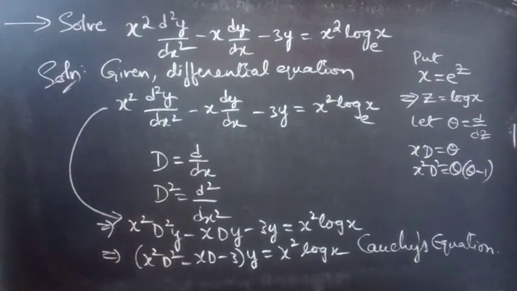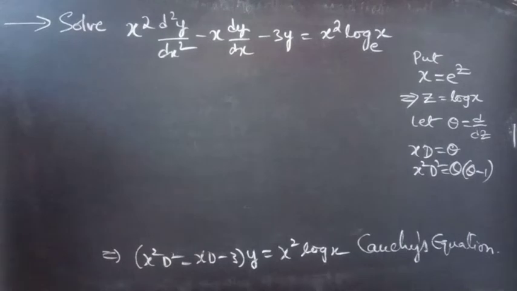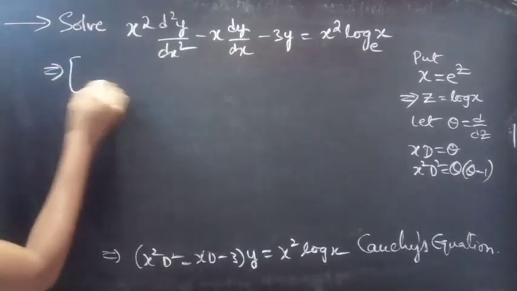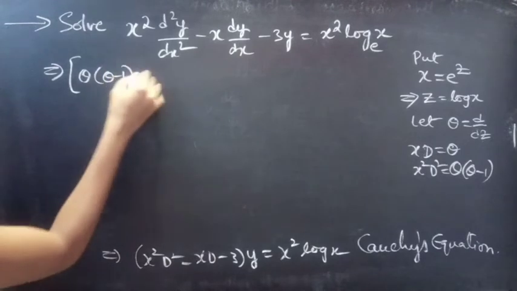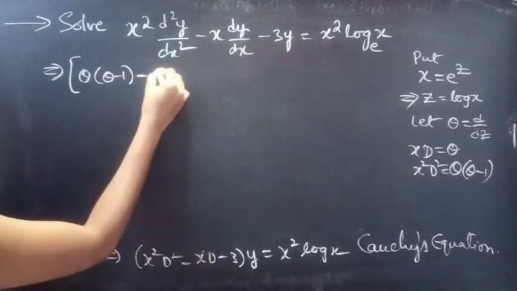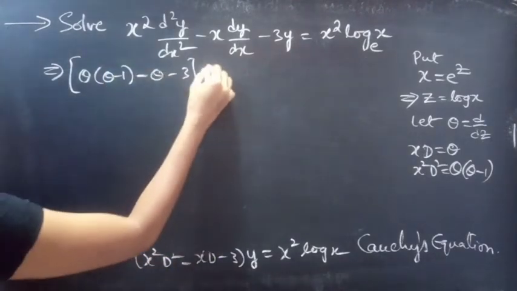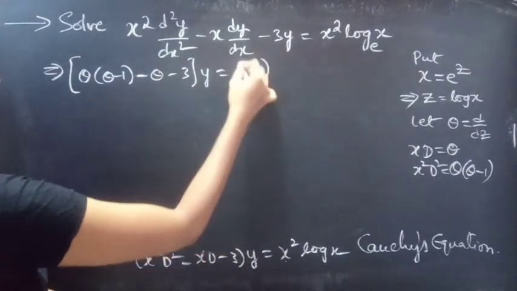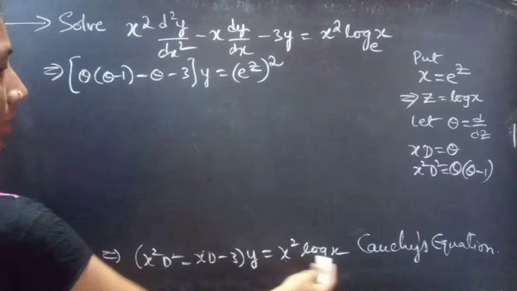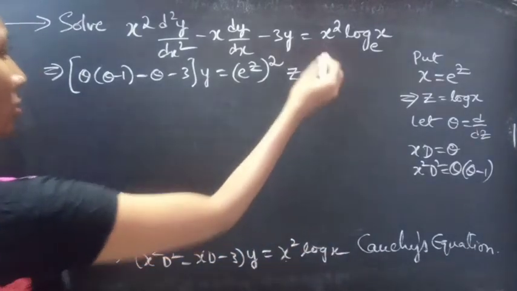Now this equation becomes: replace x square D square by theta into theta minus 1, replace xD by theta, minus 3 into y equals to replace x by e power z. You will get e power z whole square into replace log x by z.